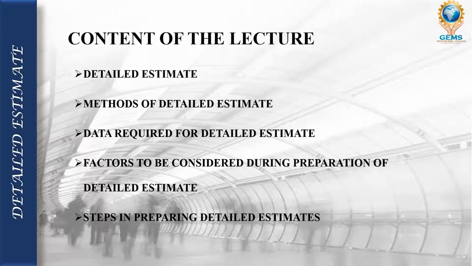We will learn how to do a detailed estimate with a brief explanation of the procedures and the things needed, how many steps there are, and what factors affect the preparation of the detailed estimate. These are the things we are going to learn in this lecture.